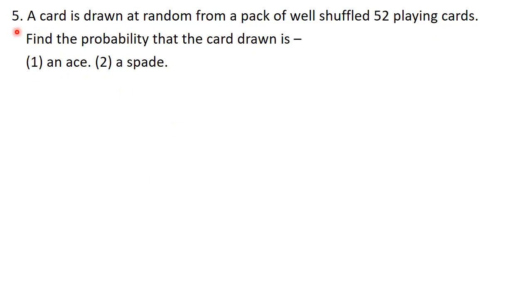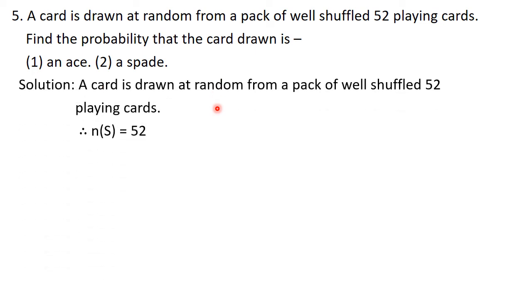Question number 5. A card is drawn at random from a pack of well shuffled 52 playing cards. Find the probability that the card drawn is an ace, and the second event, a spade. First of all you have to write down the random experiment, that a card is drawn from a pack of well shuffled 52 playing cards, and therefore directly write down the number of sample points.